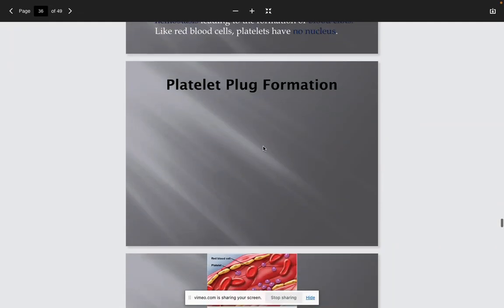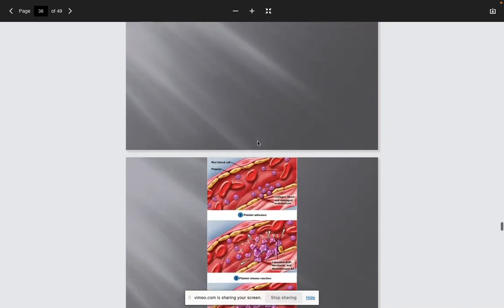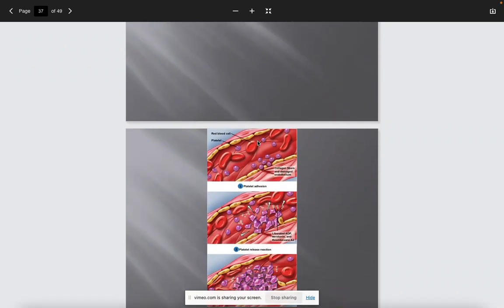If you put this in PowerPoint mode, which I can't do in order to record this lecture, you'll see the formation of something we call the platelet plug, and we'll describe this in more detail. The first step of platelet plug formation is platelet adhesion. There's something called von Willebrand factor, which is responsible for binding to a molecule on the endothelium.